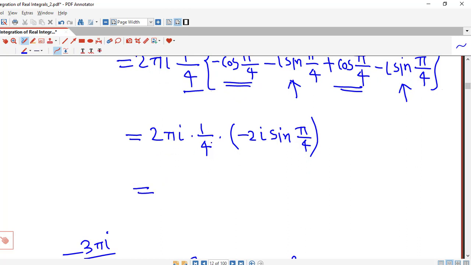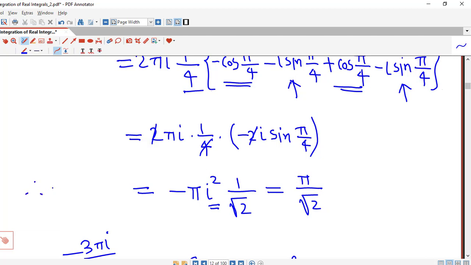So this 4 will cancel out with this 2, and we have pi i into minus i, that is minus pi i square, and sin pi by 4 is 1 over root 2, and if we put i square equal to minus 1, we have a positive sign, and we have pi divided by root 2. So this is the value of this improper integral from minus infinity to infinity.